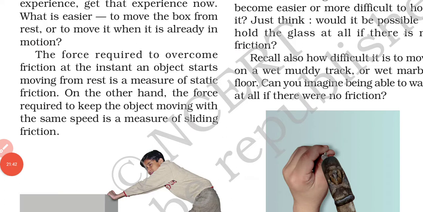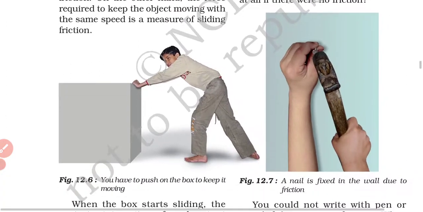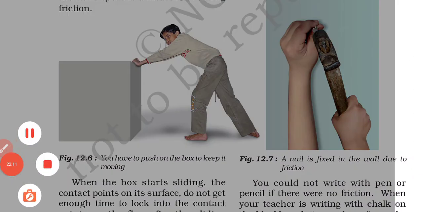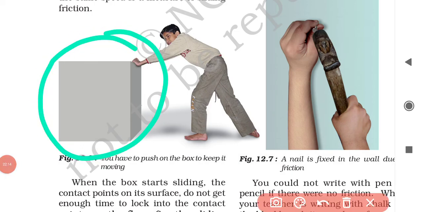So we can say that the force required to overcome friction at the instant an object just tends to start moving from rest is a measure of static friction. Static friction comes into play when we try to move a stationary object which is at rest. Suppose this boy is trying to move this heavy box which is at rest.